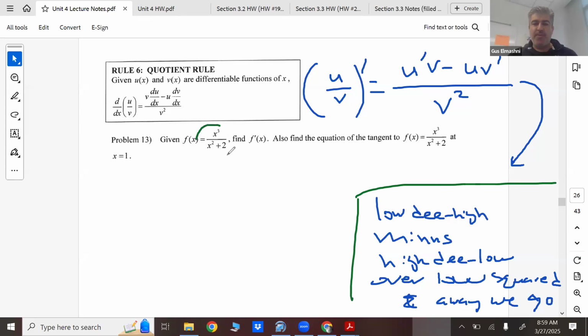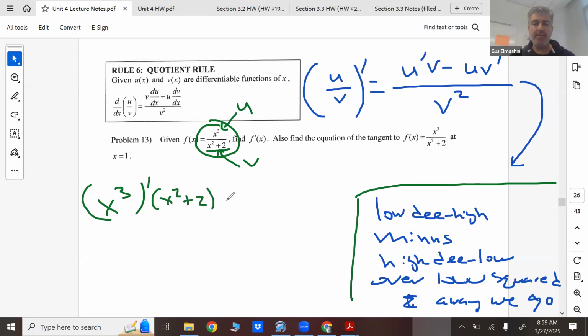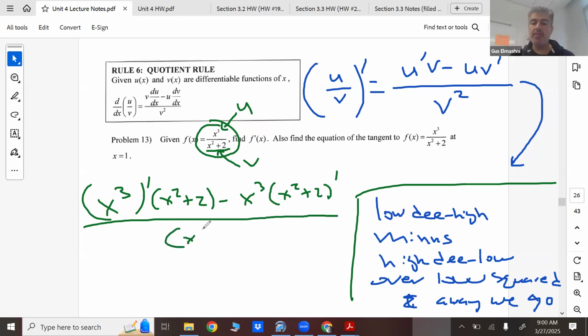So if you want to take this derivative, we'll let x cubed be u and x squared plus 2 be v. So I'm going to do x cubed prime times x squared plus 2 as is, minus x cubed times x squared plus 2 prime, over x squared plus 2 squared.